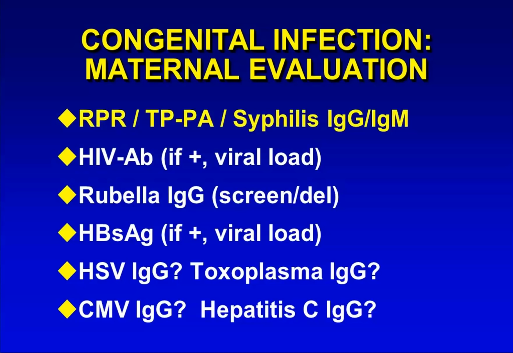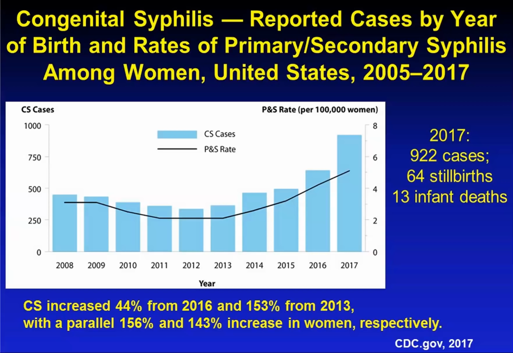So let's talk a little bit about the syphilis testing, because I think that is something that we are seeing a lot of. From 2008 to 2017, the green bars are the cases of congenital syphilis that have been reported to the Centers for Disease Control, and the line is the cases of primary and secondary syphilis in women in the United States.